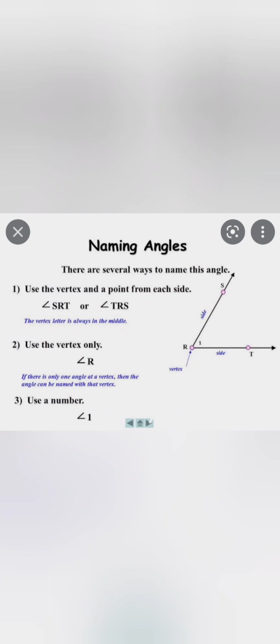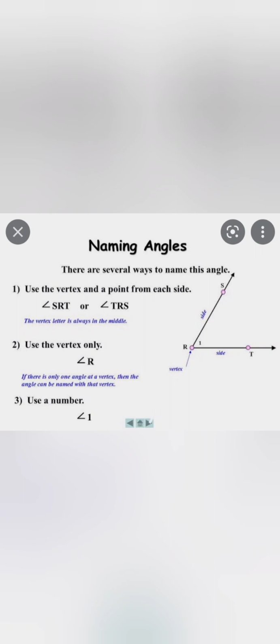Okay children, next we will see the naming of angles. There are several ways; here we will use three ways to name angles. One is by using the vertex and points, another is the vertex only, and another is a number. Using the vertex and points means using three letters, for example angle SRT, or angle TRS also. Here the vertex letter is always in the middle.